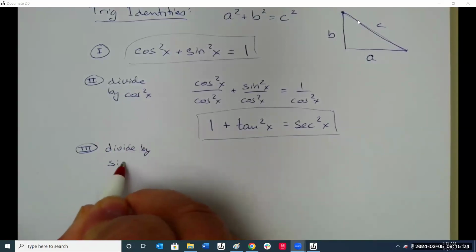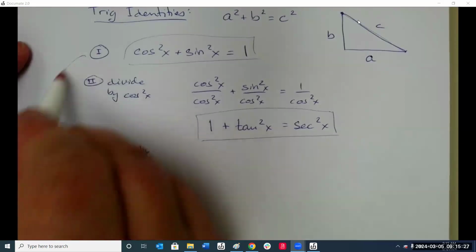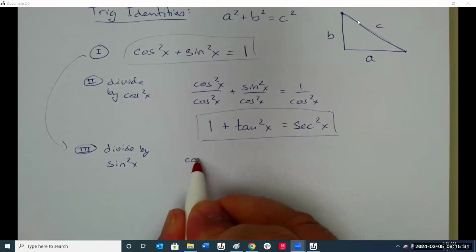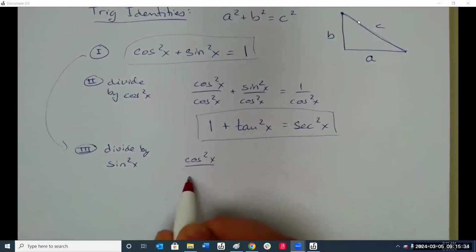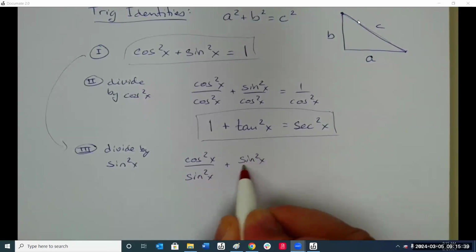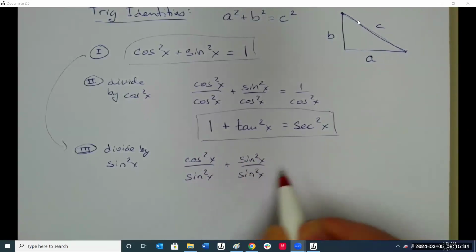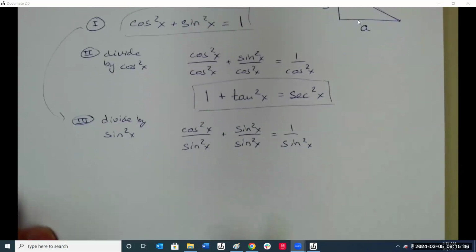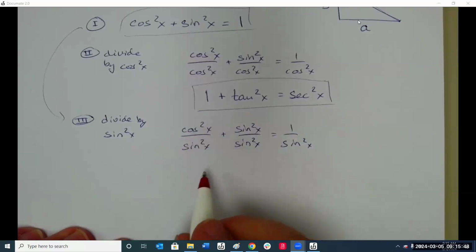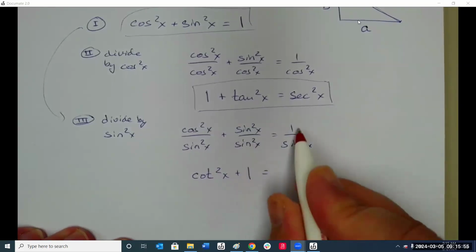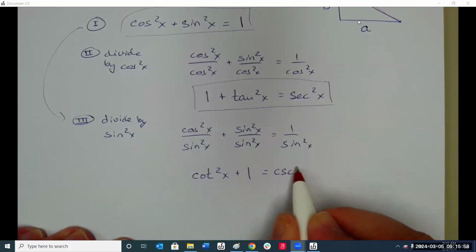And then for the third, we go back to the original and divide them by sine squared. Cosine over sine is cotangent, plus 1. 1 over sine is cosecant.